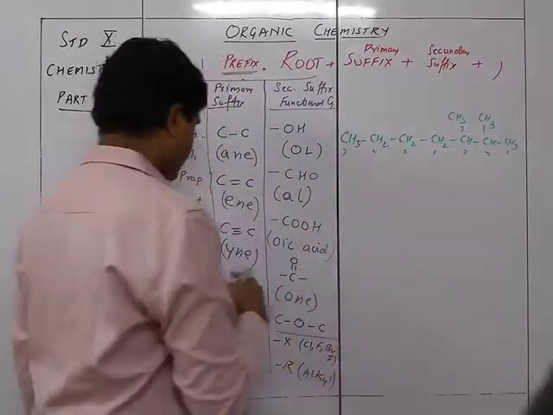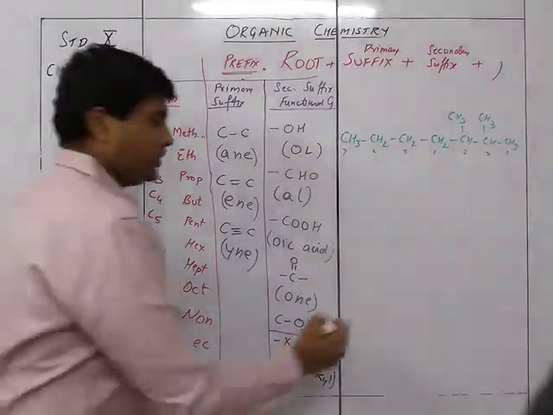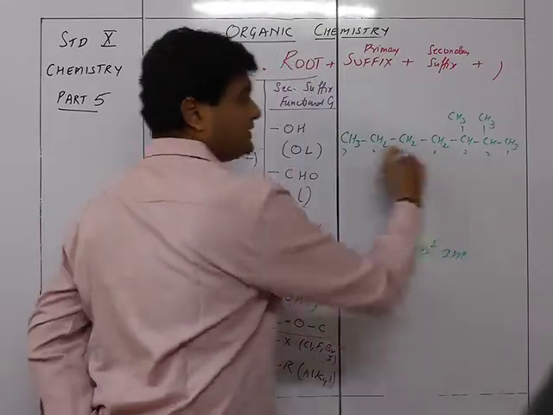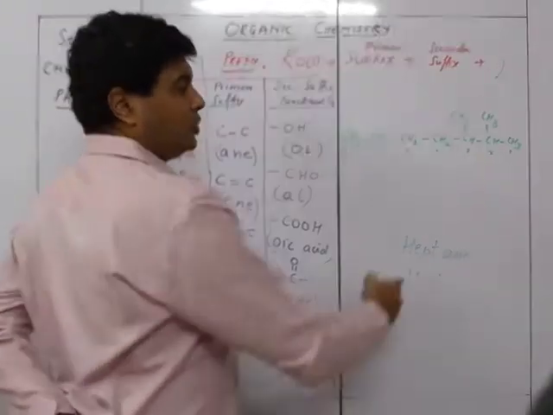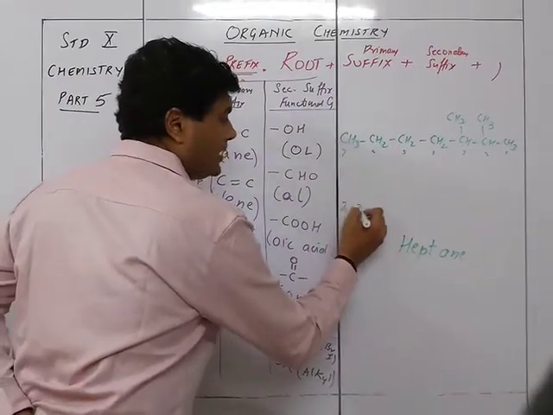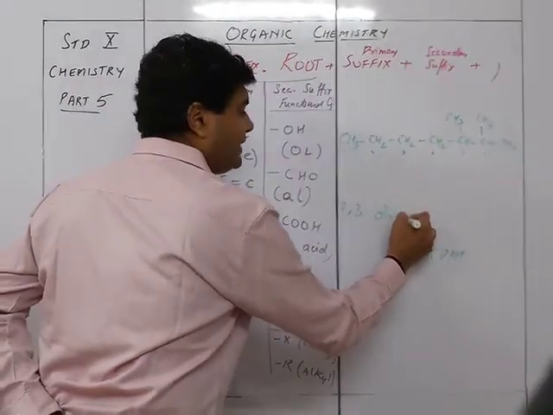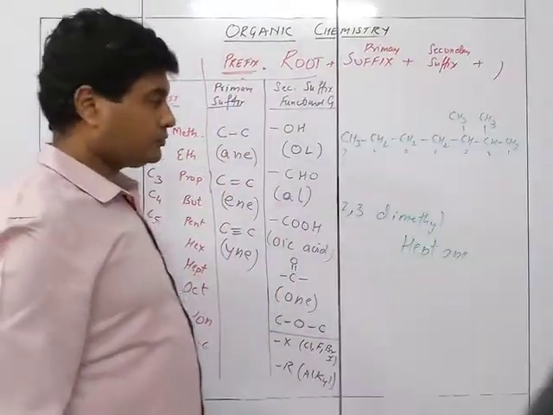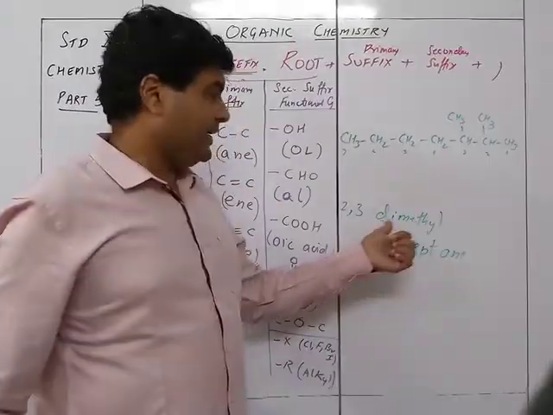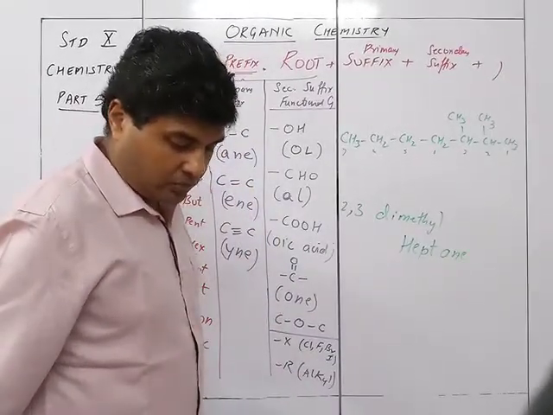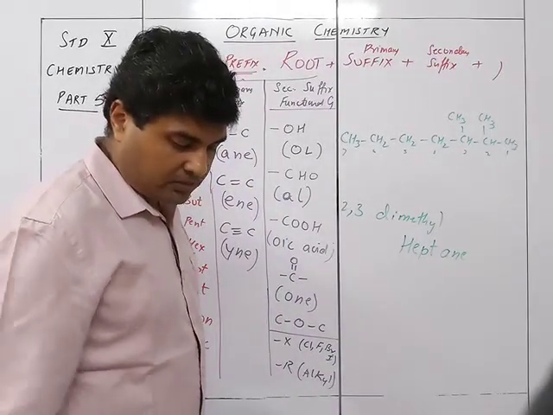It's 7, so it is going to be hept. So it will be heptane, because all are single bond. At 2 and 3 I got methyl, so it will be 2,3-dimethyl heptane. Okay, 2,3-dimethyl heptane.